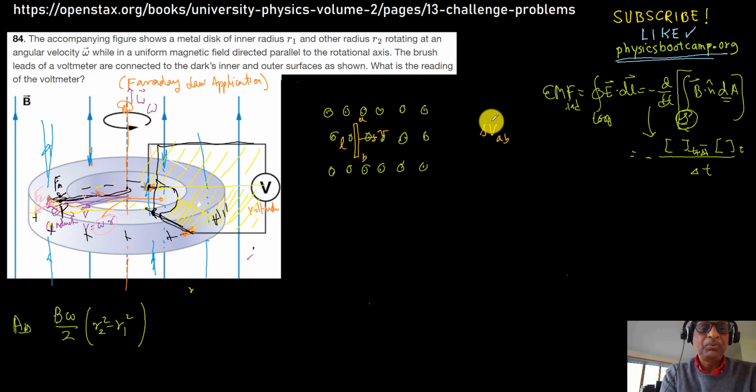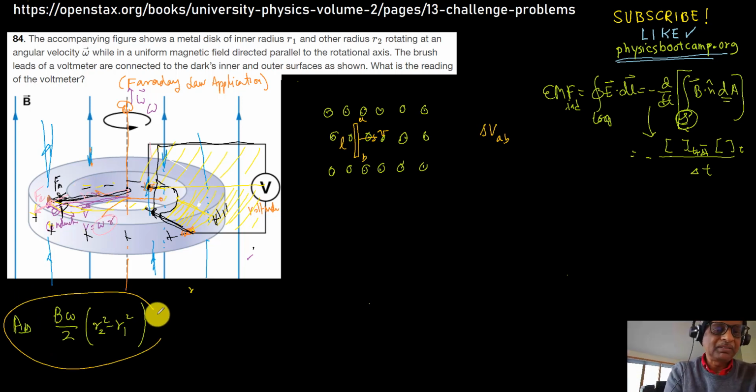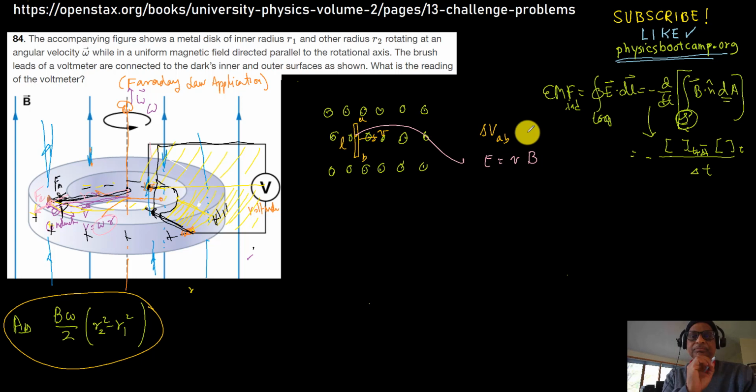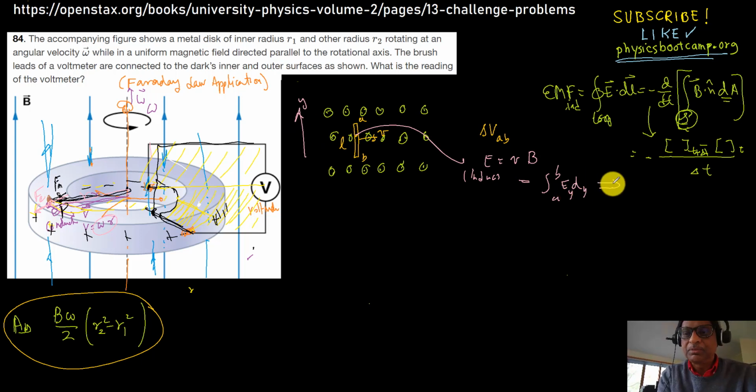And the way we did this problem earlier, the electric field will be V times B. This will be the induced electric field. And because there's no distance, we can integrate from A to B, let's call this the y-axis, E_y dy, and this will give me VBL. So that will be the answer.